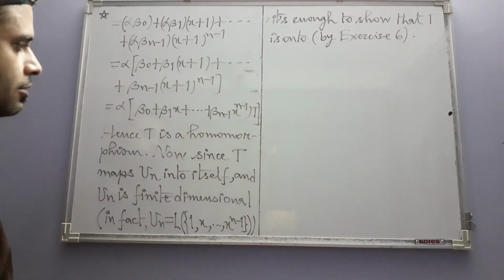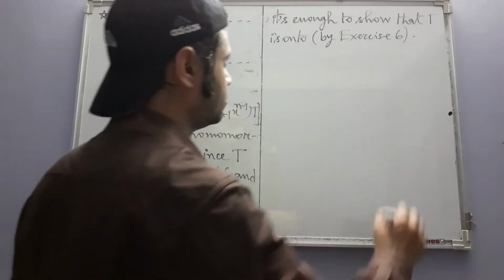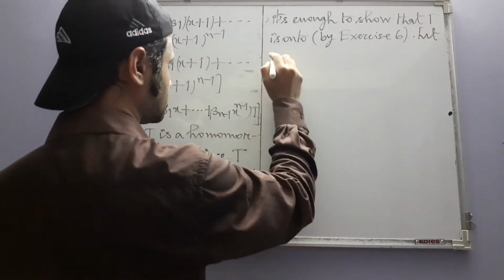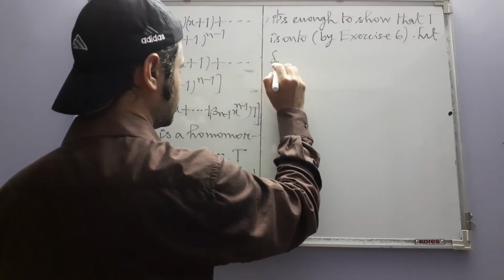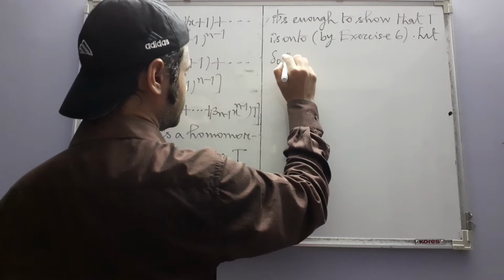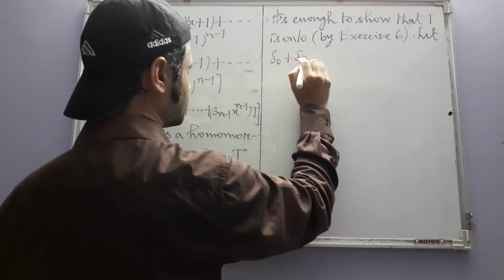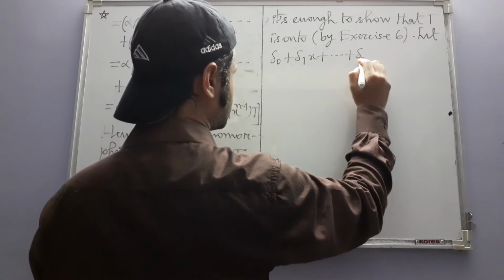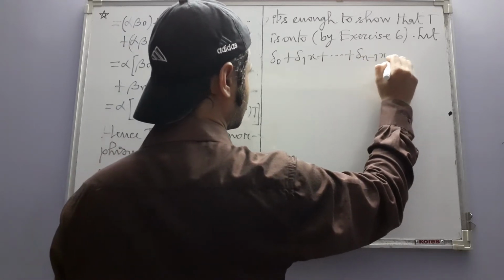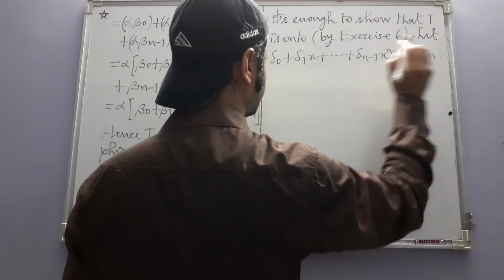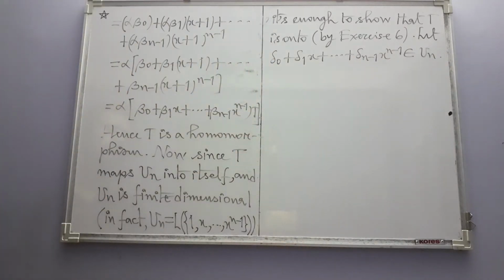So now we want to show that T is onto. So let us take something else. Let delta naught plus delta 1 x etc. plus this belong to Un.